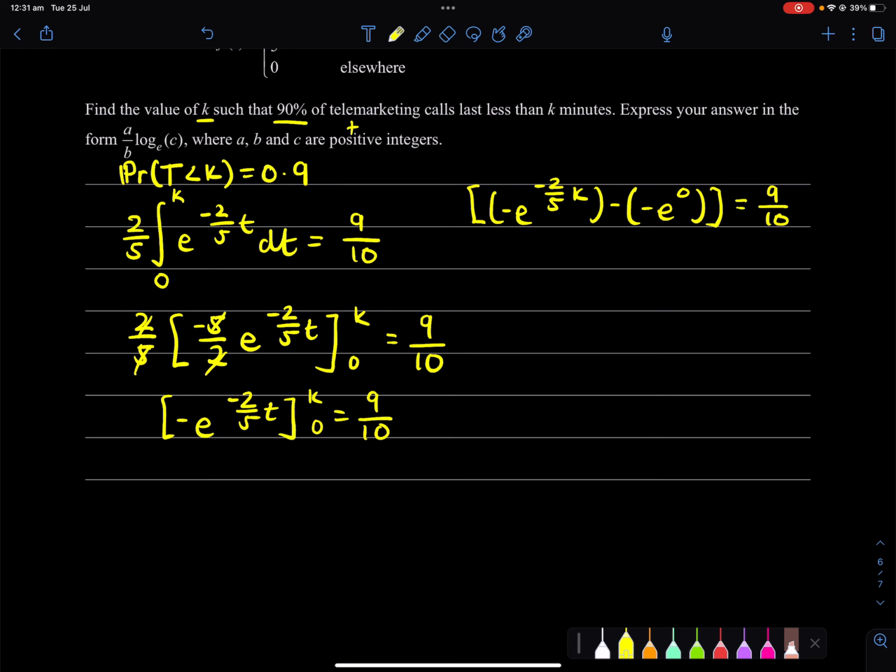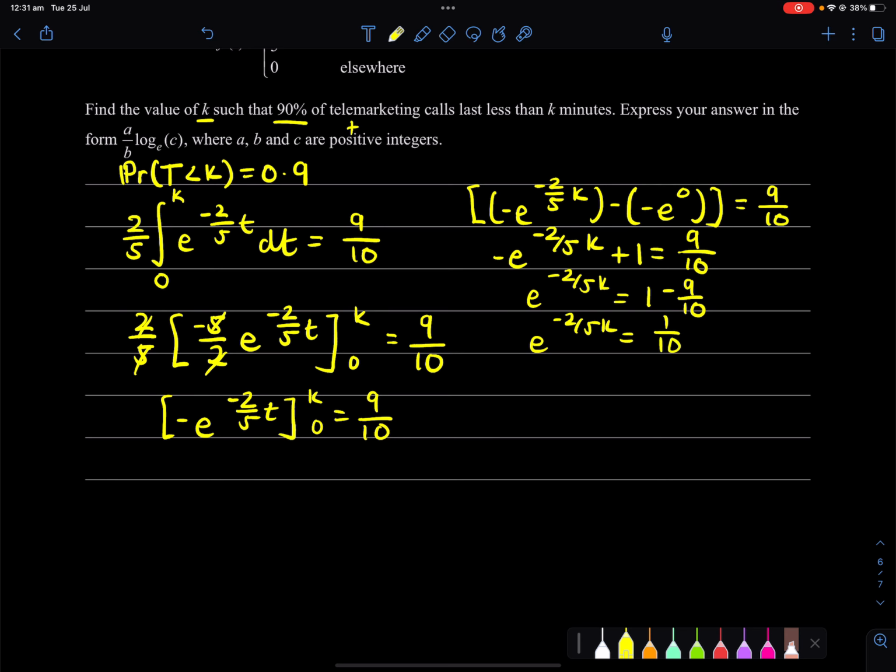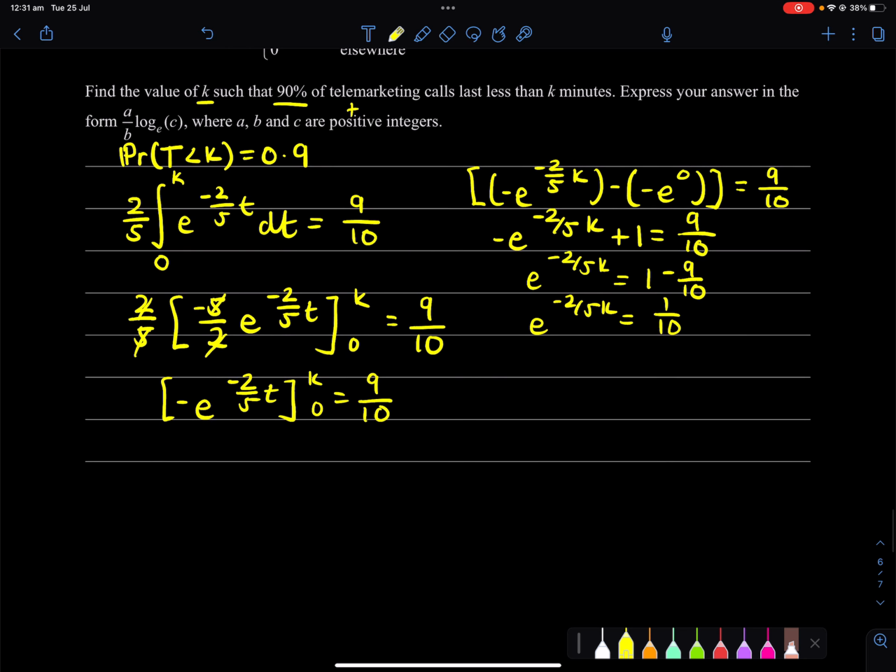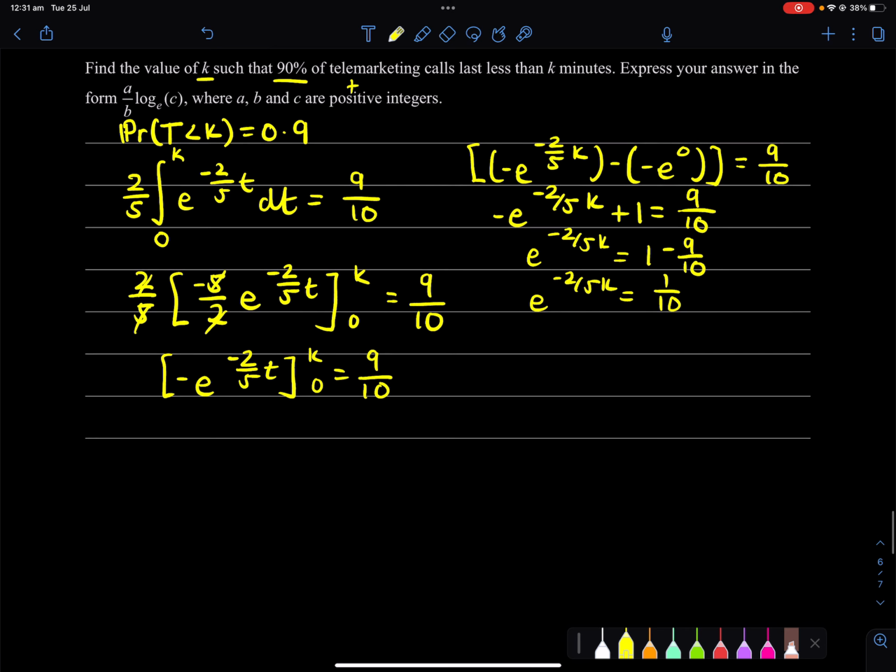And that's negative e to the negative 2 over 5 k, plus 1, equals 9 over 10. That's e to the negative 2 over 5 k equals 1 minus 9 over 10, which is 1 over 10. Have I made a mistake here? Okay, yep, perfect.